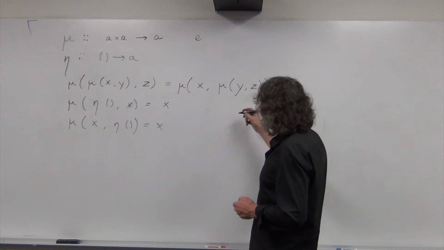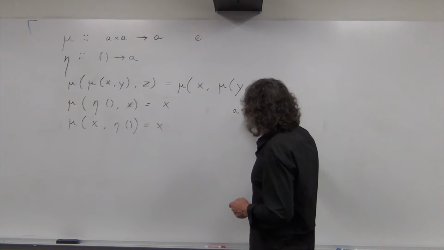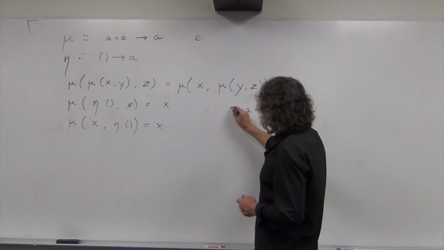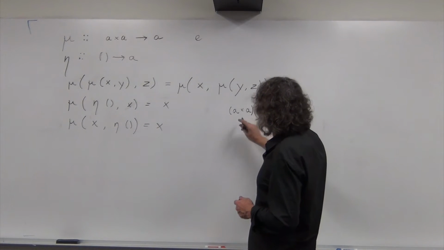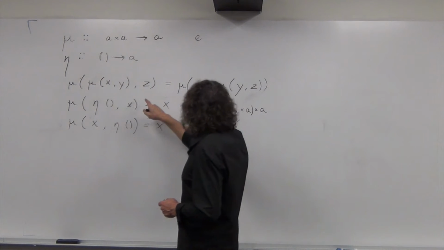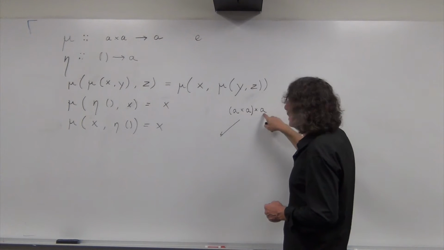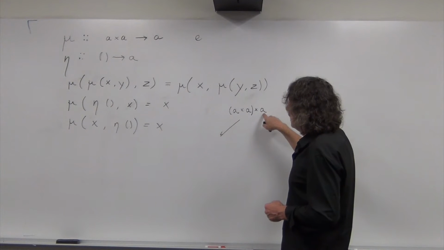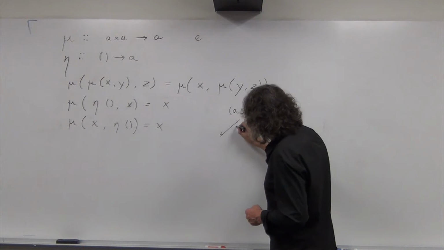We get an element from A cross A cross A, and we combine these two here, so x comes from here, y comes from here, and z comes from here. And now we are applying mu to this.